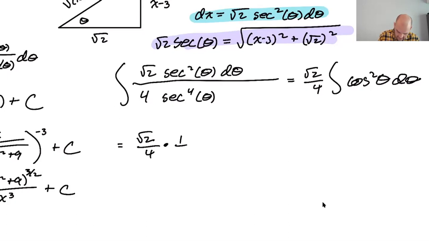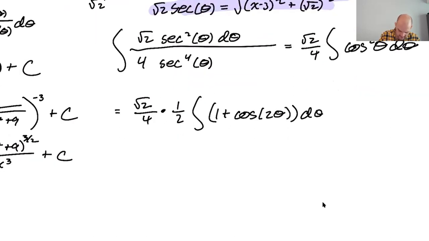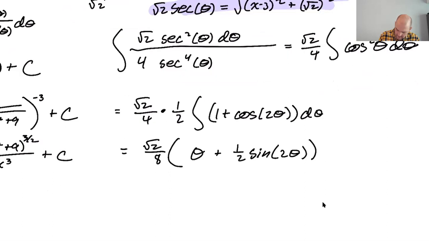So I'm going to take out a 1/2 again. And then I get 1 plus cosine of 2 theta. So I tried to show more steps than I ordinarily would. So we get radical 2 over 8. I have theta, and then plus 1/2 sine of 2 theta plus c.